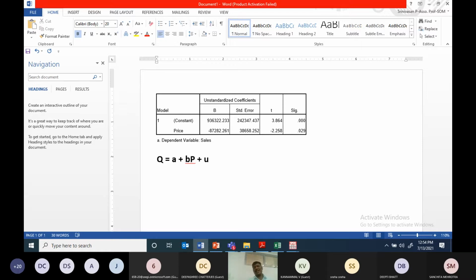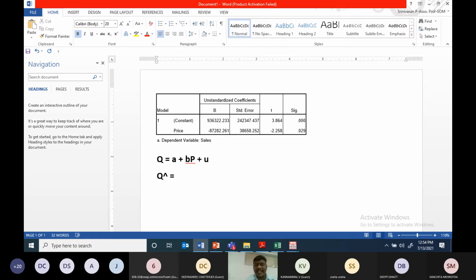After estimation, this is written in terms of Q hat. What is Q hat? The estimated value, because we applied a regression model for the estimation.